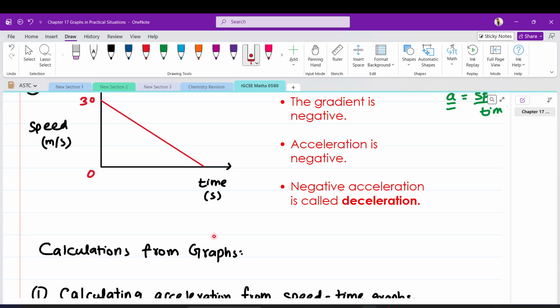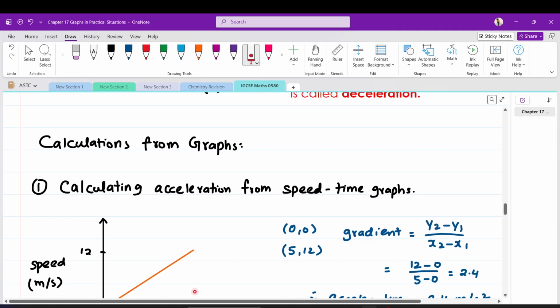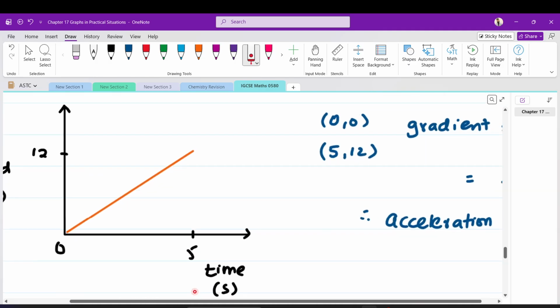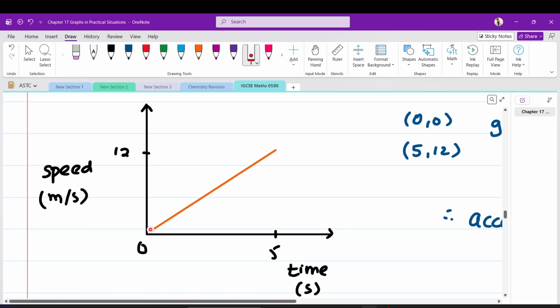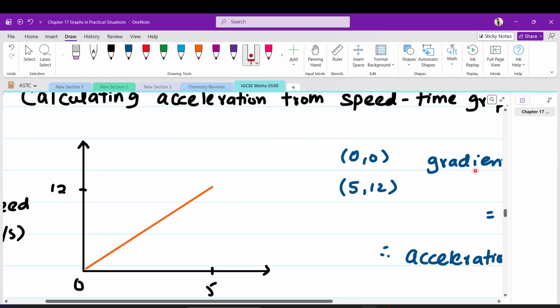So similar to distance time graph, the gradient of a speed time graph also represents a physical quantity. In this case, the gradient of speed time graph will give us the acceleration. So let's take a look. If you look over here, we have a point 0, 0, and then we have a point 5, 12. So I'm going to work out the gradient.